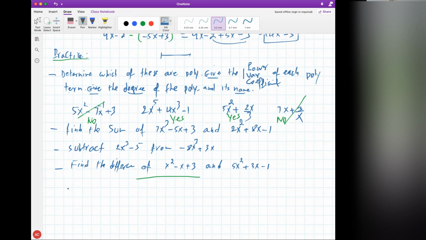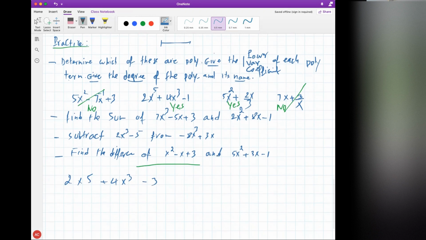So 2x to the fifth plus 4x to the third minus 1. First, it says give the power. It's -1, Professor, not 3. That's right, -1. First, we're going to give the power, variable and coefficient of each term. So what is the coefficient here?